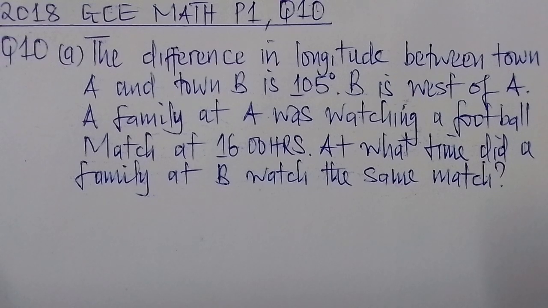Then we can use 16 hours, which is the time at A, and work with the time difference to calculate the time at B. Now, we know that on the Earth's surface, if you cover 15 degrees, that takes 1 hour. So 1 hour is equal to 15 degrees. Now, how many hours are we going to take to cover 105 degrees?